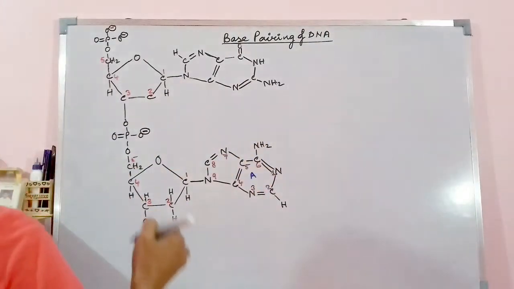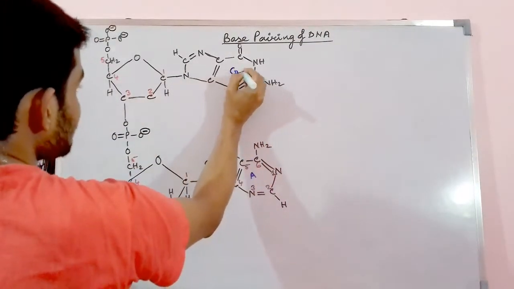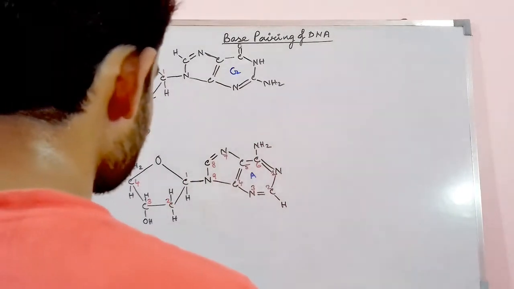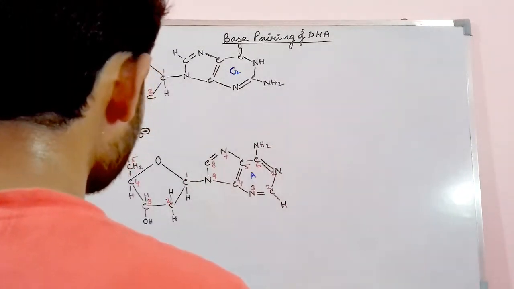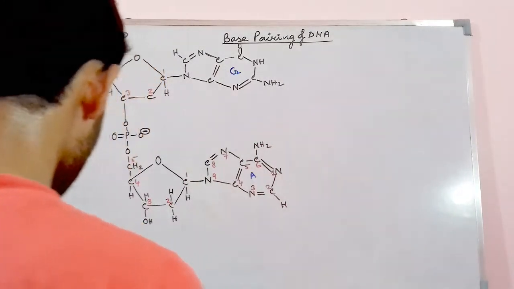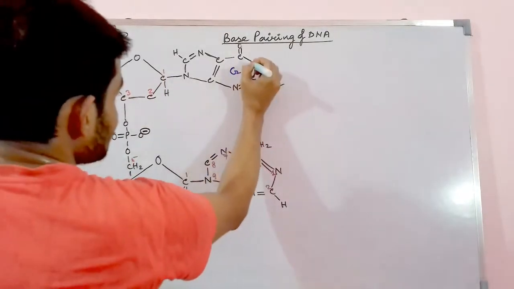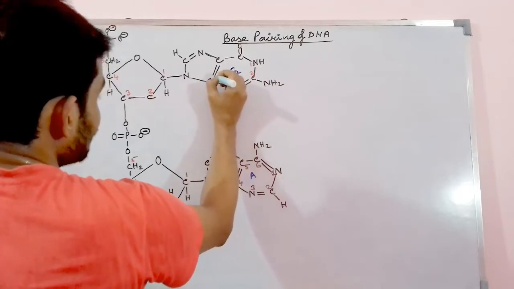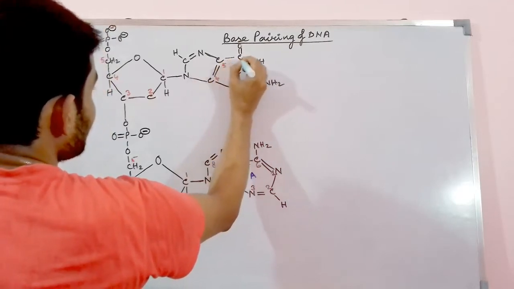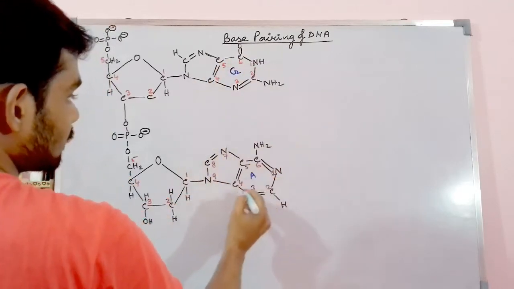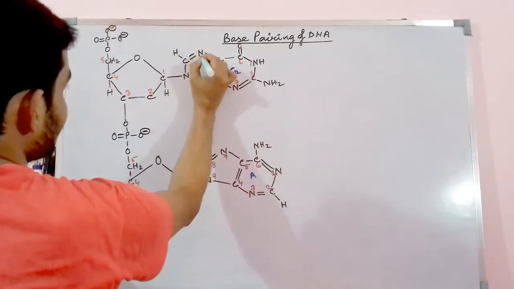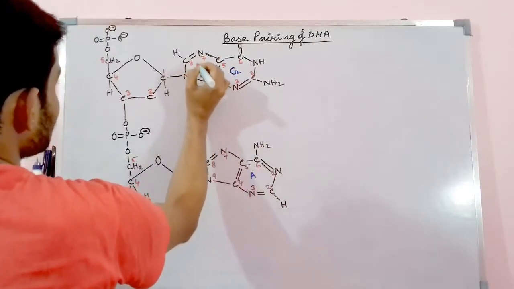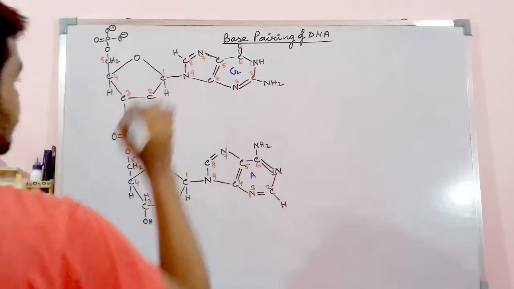Okay, the guanine heterocyclic ring looks like this, and let me name this ring also. This is the first nitrogen, this is the first position, second, third, fourth, fifth, sixth, like this, 1, 2, 3, 4, 5, 6, and here it is 7, 8, 9.